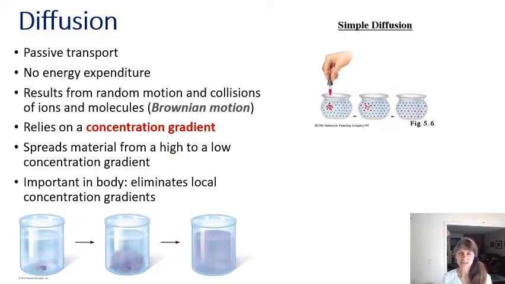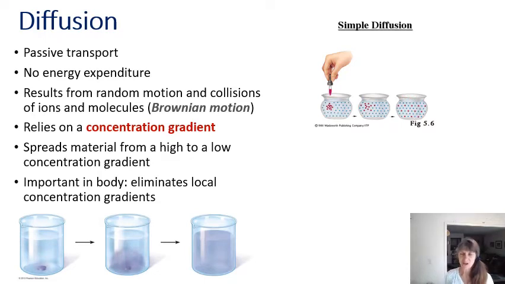One of the types of passive transport is diffusion. Diffusion requires no cellular energy in terms of adenosine triphosphate, and it's the result of just random motion and collisions that occur between ions and molecules, which we refer to as Brownian motion.